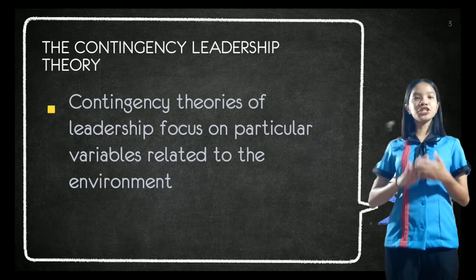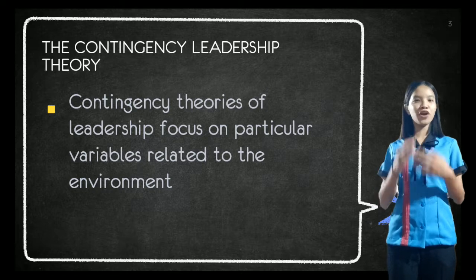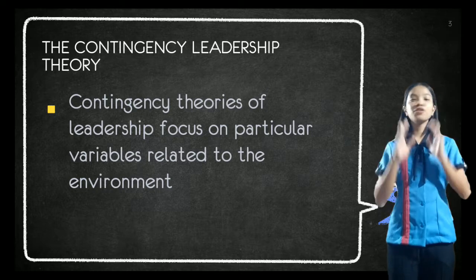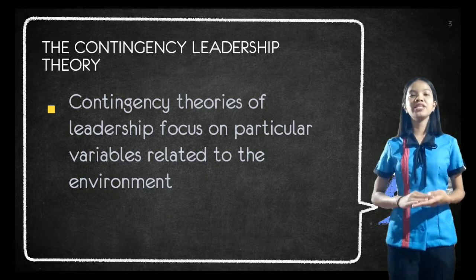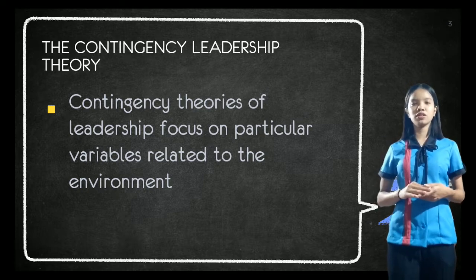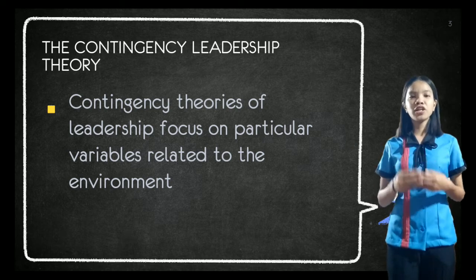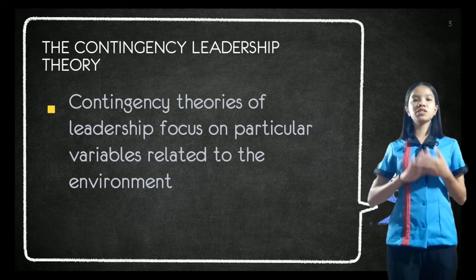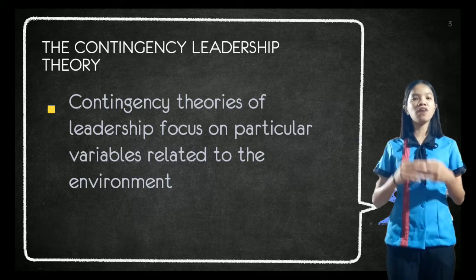Contingency theories of leadership focus on particular variables related to the environment. So this means that in this theory, no leadership style is best in all situations. The success depends upon a number of variables, including the leadership style, qualities of the followers, and aspects of the situation.